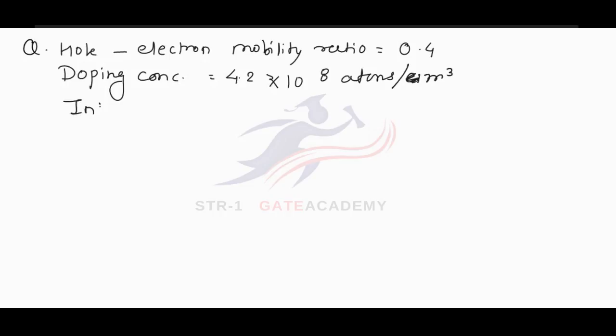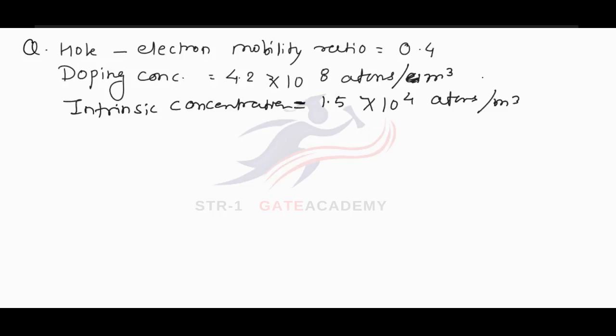Intrinsic concentration equal to 1.5 into 10 raised to power 4 atoms per meter cube. Calculate the ratio of conductance of n-type semiconductor to the conductance of intrinsic semiconductor.